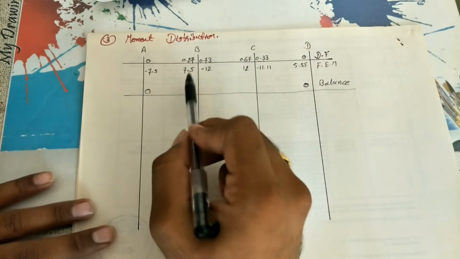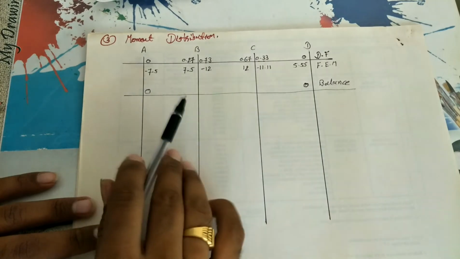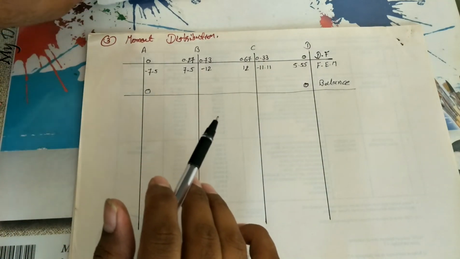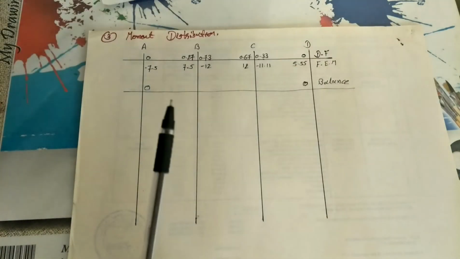Now what about the intermediate? This calculation that I am going to do right now is used when you are having a fixed support; then you will have to do this procedure.